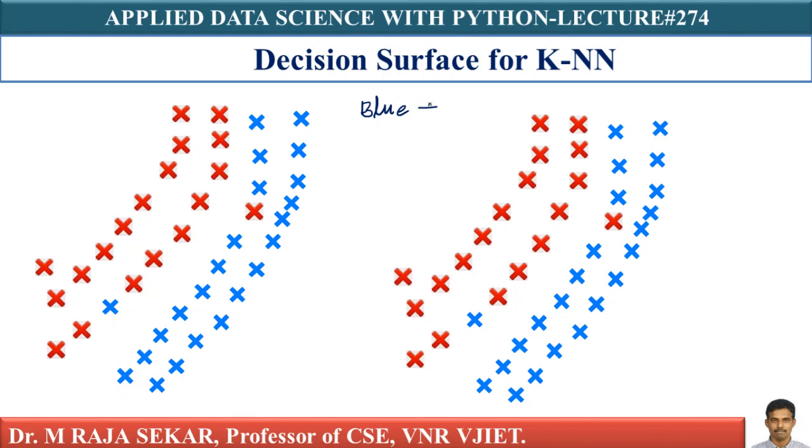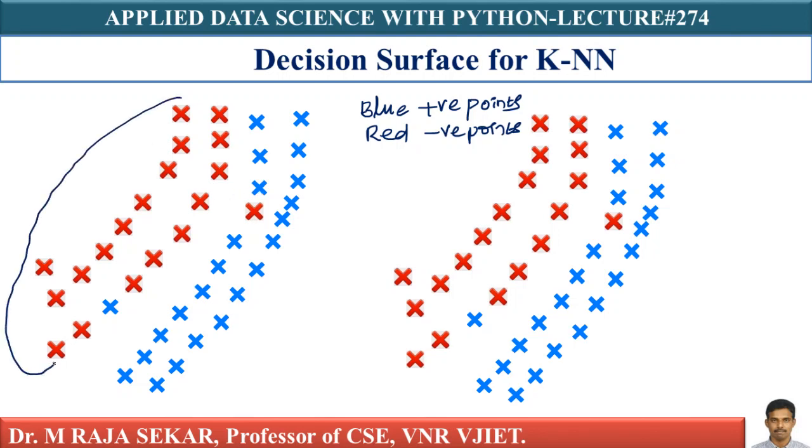Blues are positive data points, and reds are negative data points. One thing you notice here, all of these are negative points, that is red points, and there is one positive point, that is a blue point.